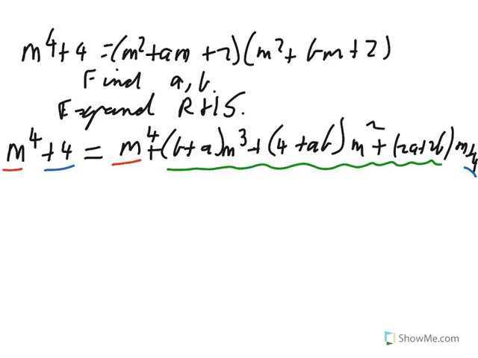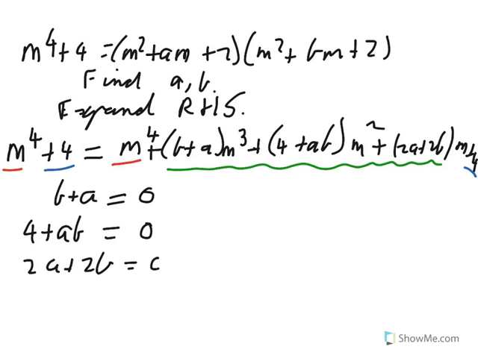So that means we can get 3 equations: b plus a equals 0, then 4 plus ab has got to equal 0, and 2a plus 2b has got to equal 0.